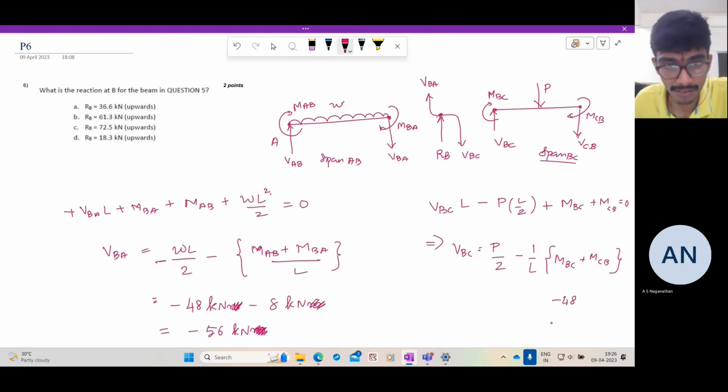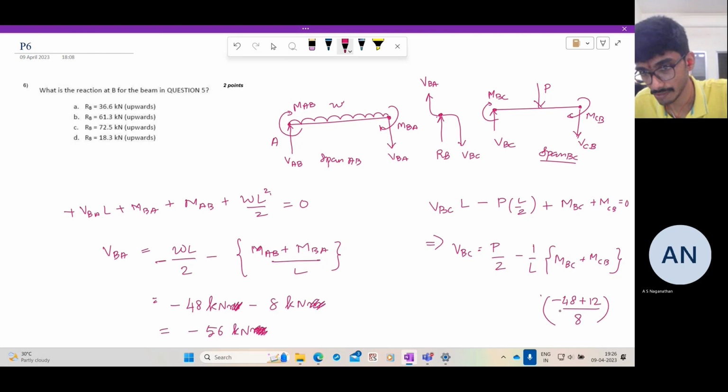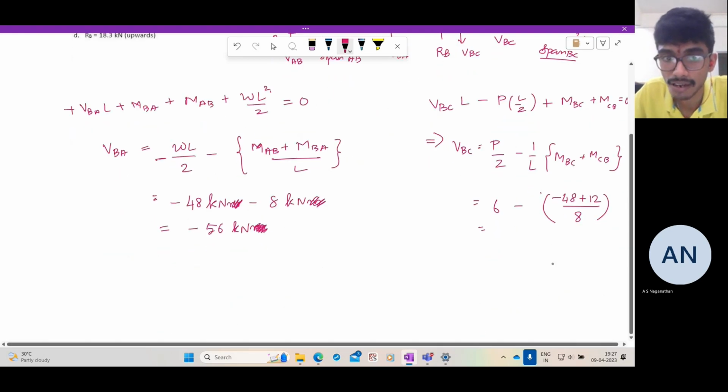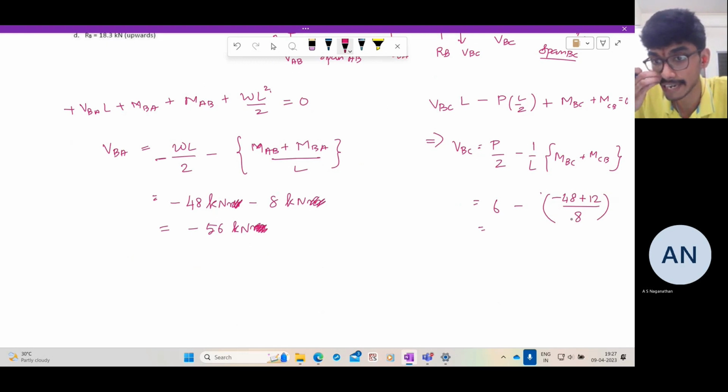The length is 8 meters. P is 24, so 24 by 2 is 6. So this is 36 by 8, and 36 by 8 is 4.5.